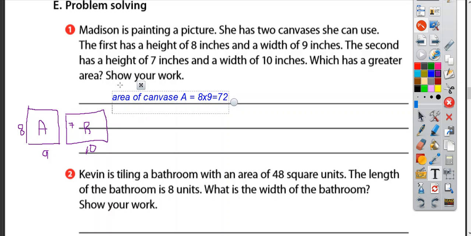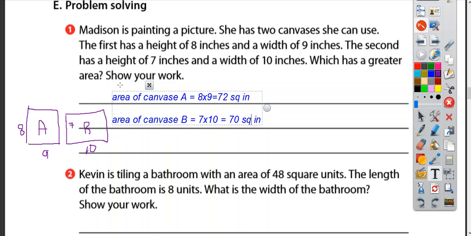And the area of canvas B equals 7 times 10, which equals 70 square inches. Here you have to say square inches.